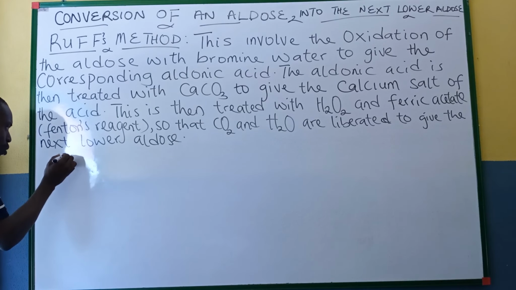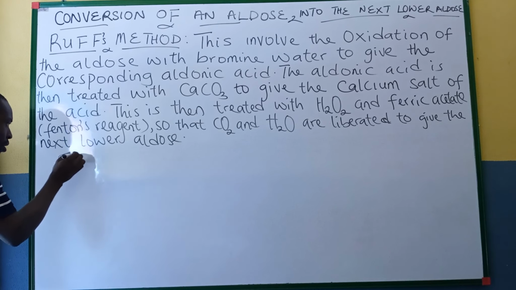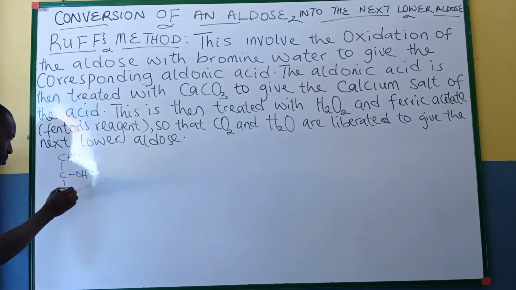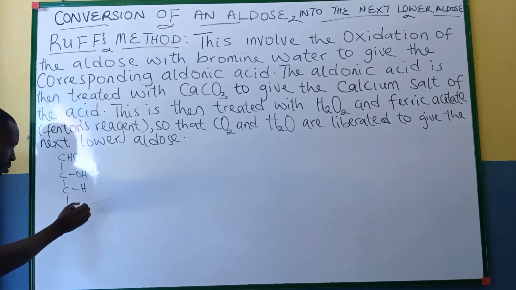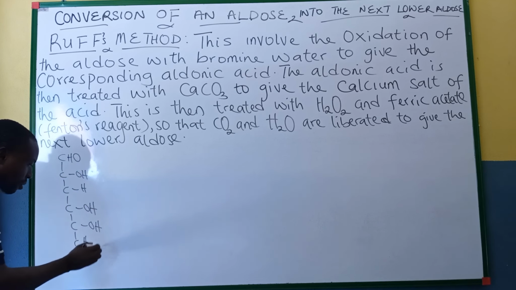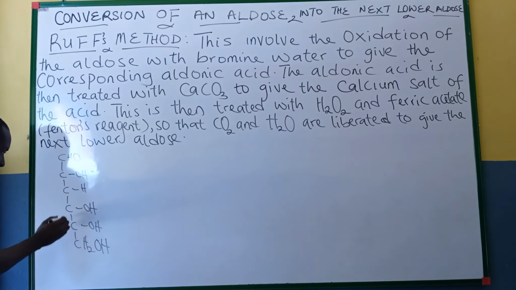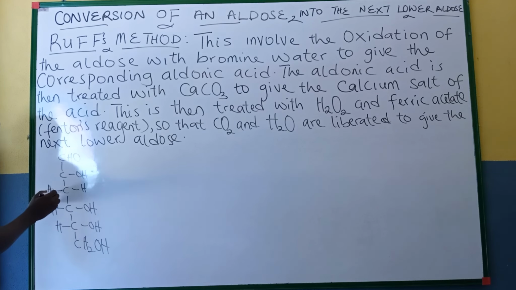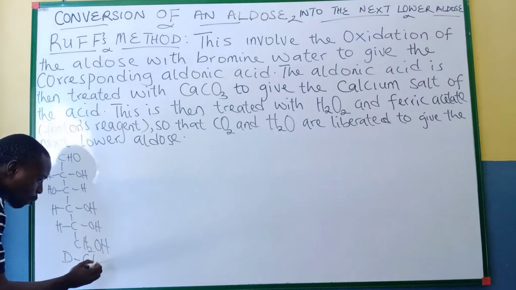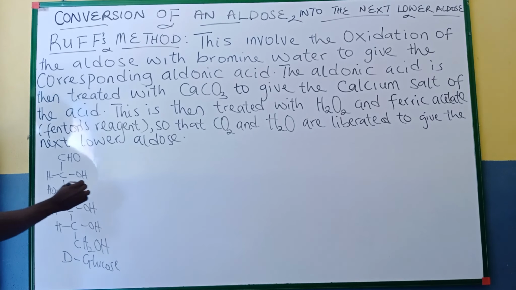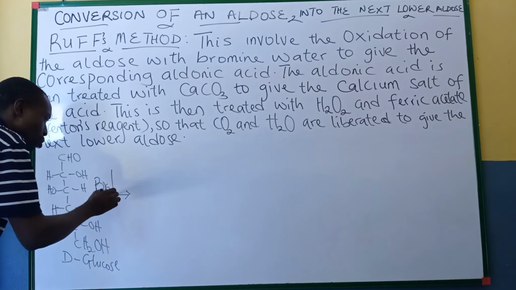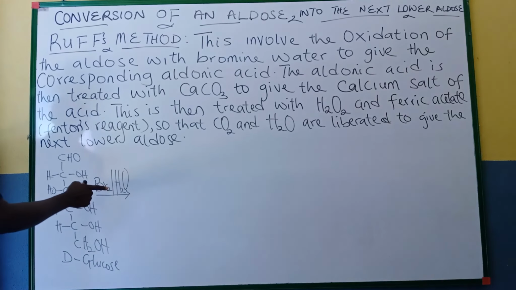We have the D-glucose now. So this is what we call D-glucose. In the presence of bromine water, it is oxidized.